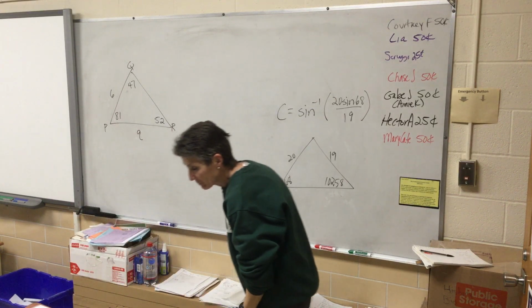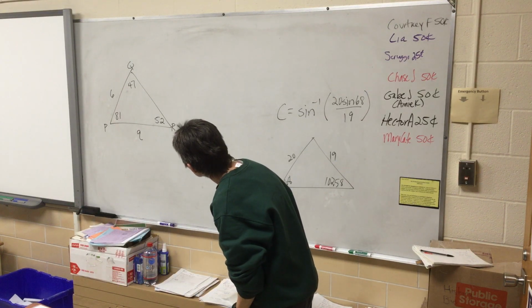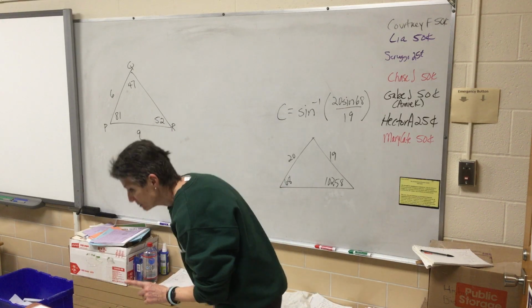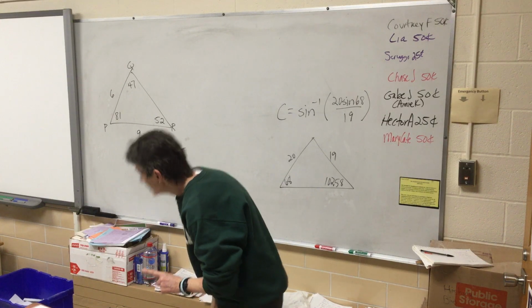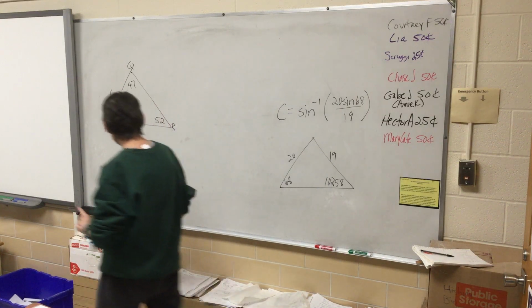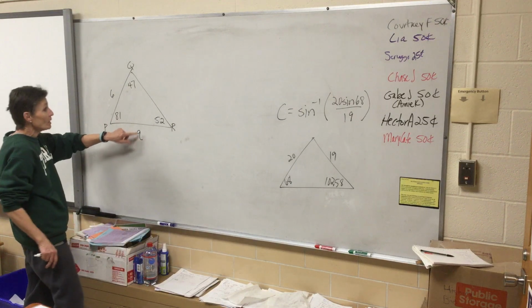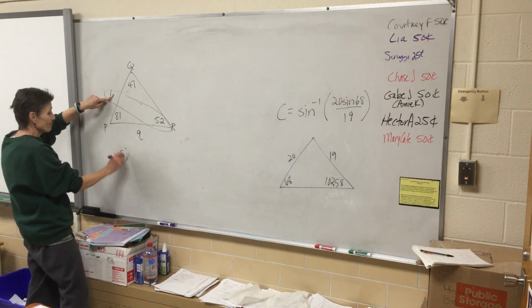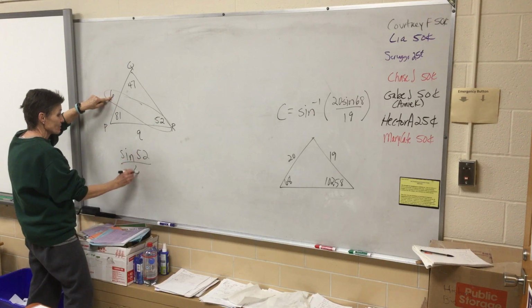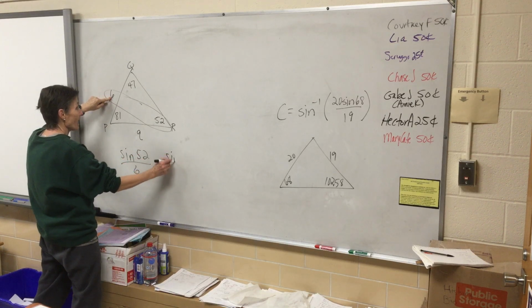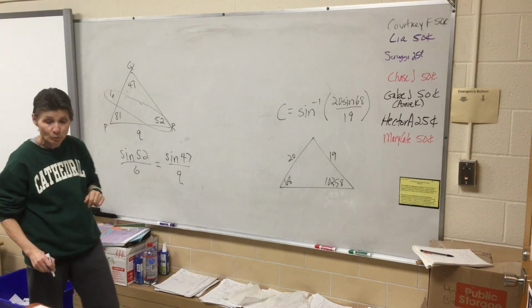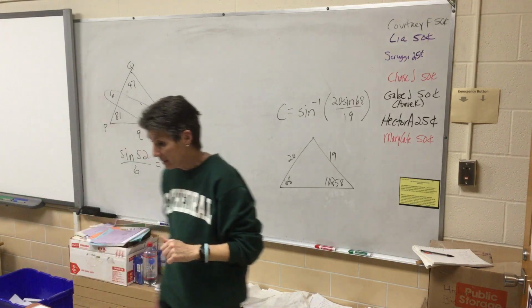So wait, could you do sines first with R? Can you do the law of sines? Yeah, with R. Okay, so can I what now? Tell me again. The law of sines with R. Yes, fine, yes, that's what we're going to do. We're going to find side Q by doing the law of sines with sine 52 over 6 equals sine 47 over Q. Yes, I am doing the law of sines.